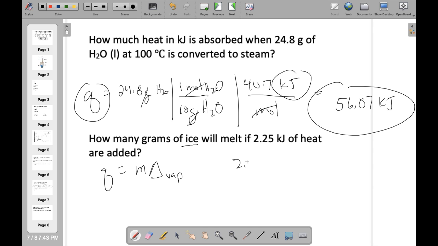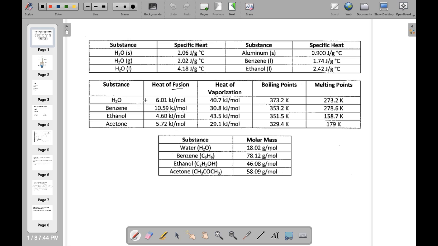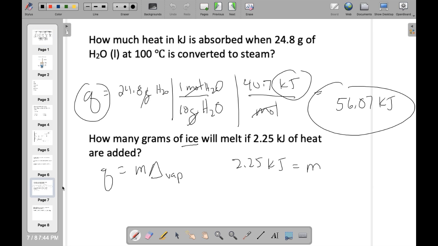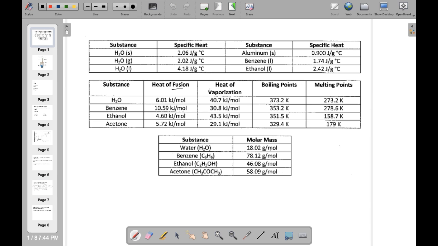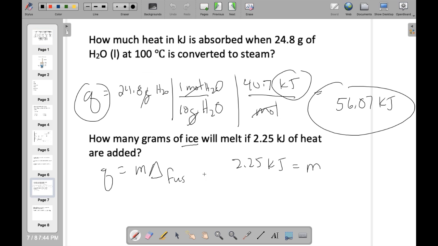So I have 2.25 kilojoules equals M times, I have to look up here, my heat of fusion. Sorry, I said vaporization. Should be fusion. See, I make mistakes. My heat of fusion is 6.01 kilojoules per mole.